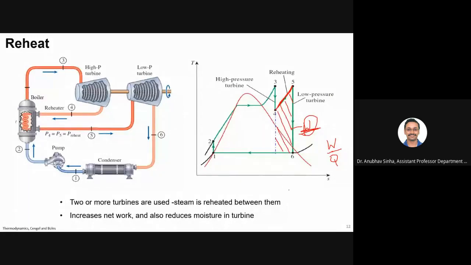I'm not saying that W by Q is equal to 1 or more than 1, because that would violate the second law. That is not possible. I'm just saying that W by Q for a cycle without reheat is less than W by Q for a cycle with reheat.